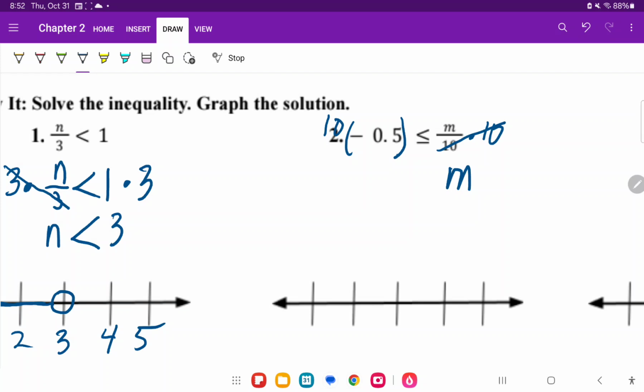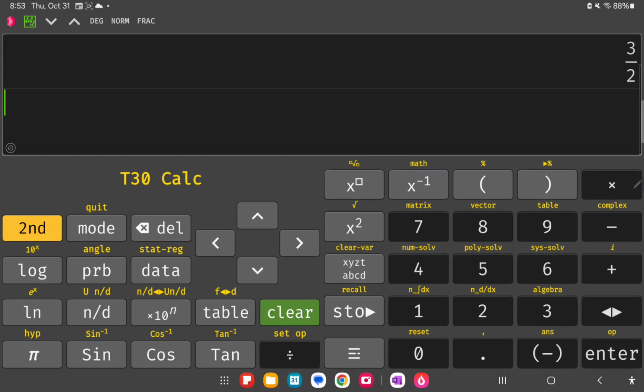All right, I'm going to use parentheses. So then 10 times negative 0.5. Is this two positives? Hold on one second. All right, so it's 10 times negative 0.5.